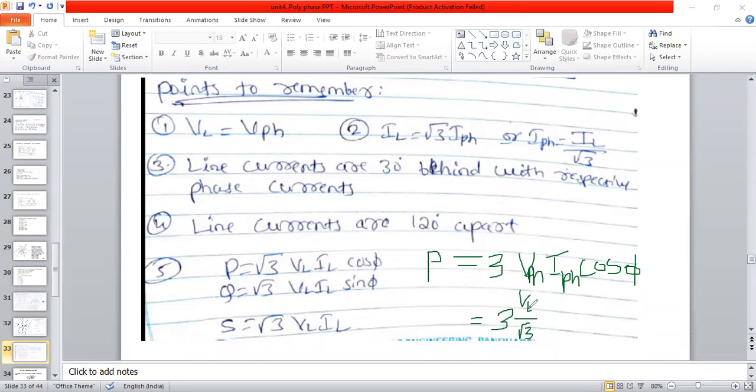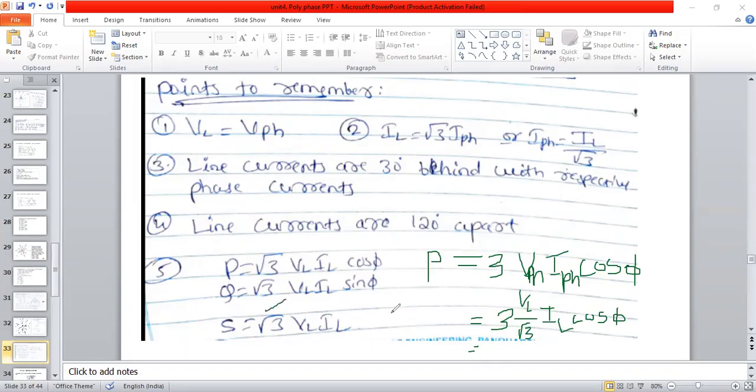Can write or not? Yes sir. So I phase in the star connection equal to IL. Cos phi I will write as it is here. See here, 3 divided by root 3 is nothing but root 3.